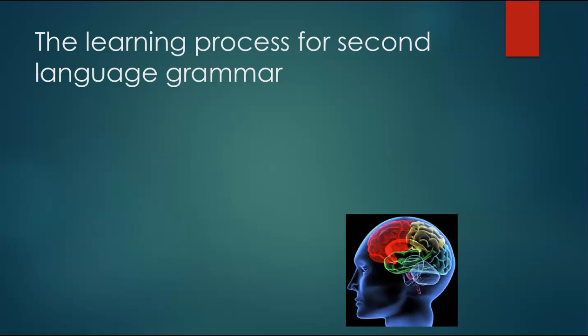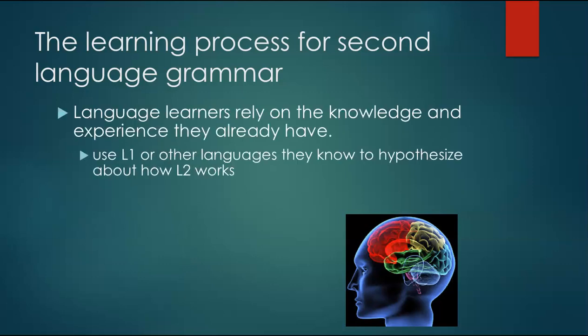We'll talk more about how we can build on the first language in the next unit when we talk about second language acquisition. But we know that in terms of how second language grammar is learned, language learners rely on the knowledge and experience that they already have.